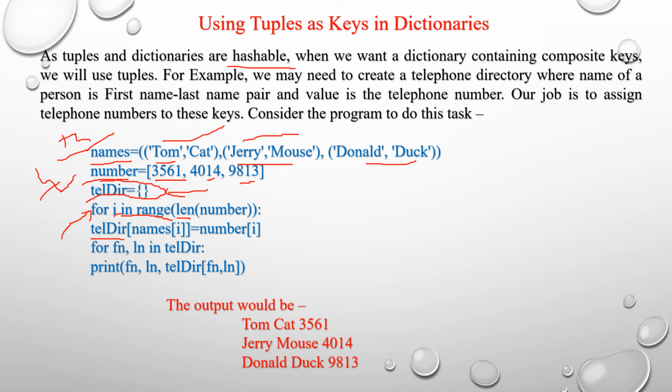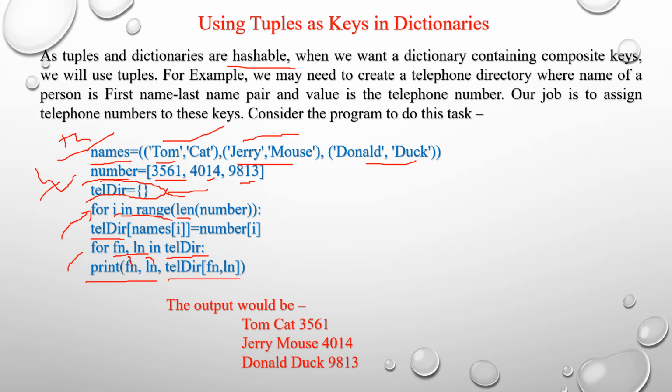After that I declare one more for loop, and I name the variables fn and ln in tell dir. At the end I am going to print fn, ln, and tell dir of fn, ln.